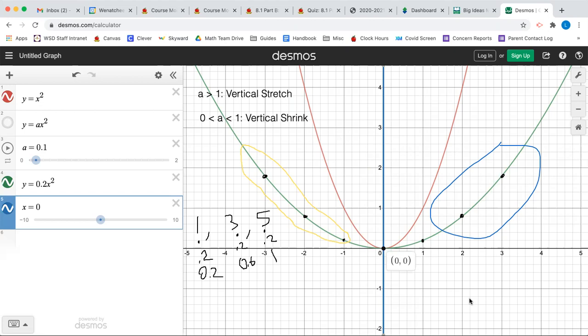Before we learned about vertical stretches when our a was greater than 1, now we have a vertical shrink that causes us to have a wider parabola. Our 1-3-5 rule still applies. It still has the same increasing, decreasing areas, and our vertex is even unchanged, as is the axis of symmetry. So in our next video, we're going to be finally looking at examples when our a value is less than 0, and that will introduce some additional complications for us.